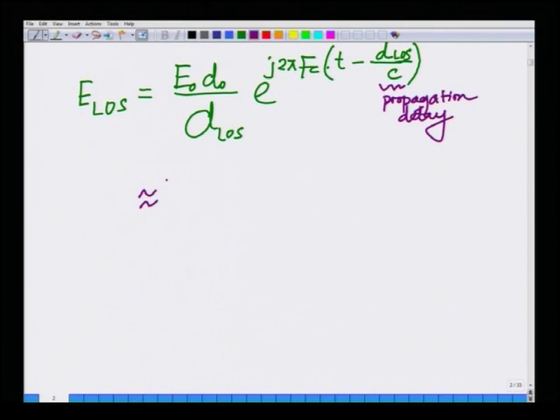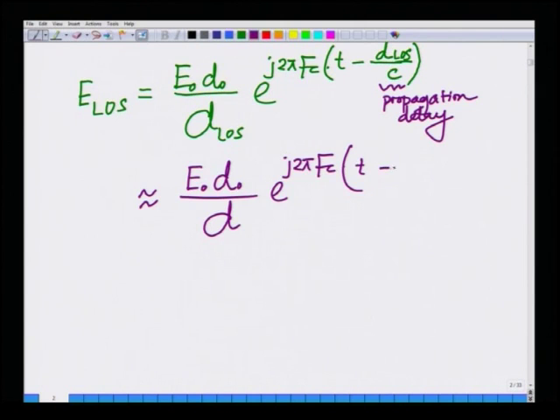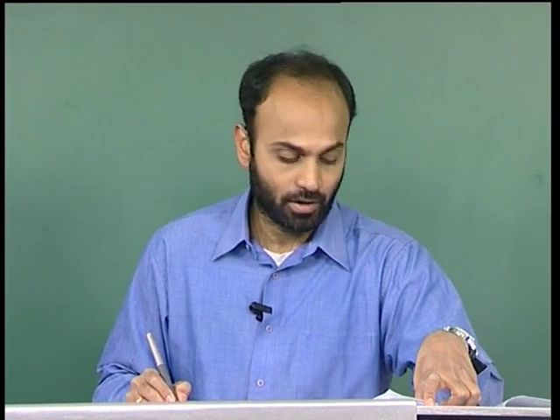And what I will do is approximate dLOS by D for the signal strength component, and I am going to simply write this as E naught D naught by D e to the power of j 2 pi f c t minus dLOS by C. Okay. All right. Now, similarly, of course, we have another component which is the ground reflected component, and I am going to write this ground reflected component as follows.